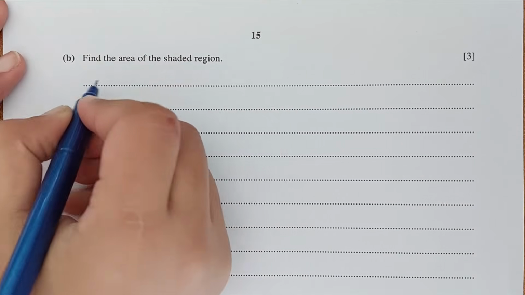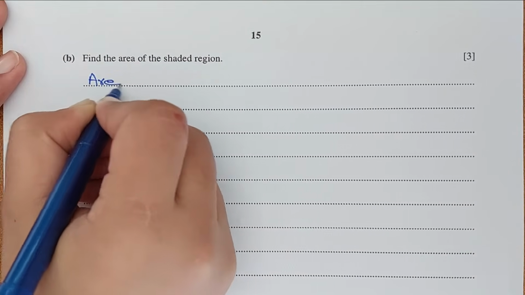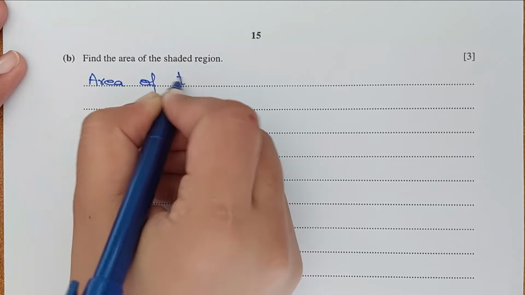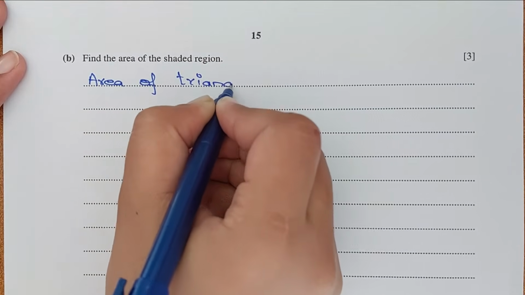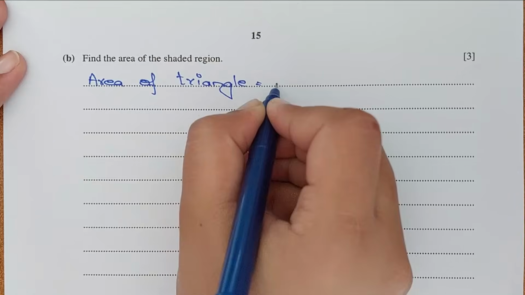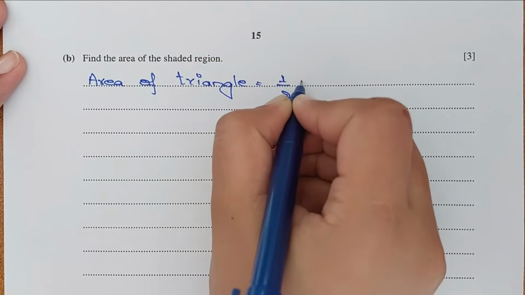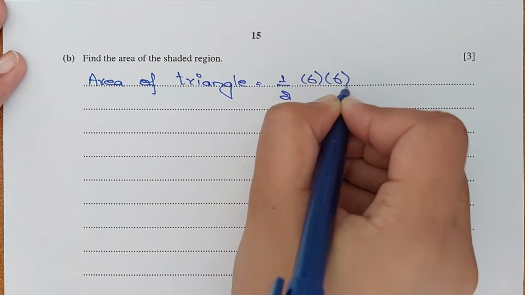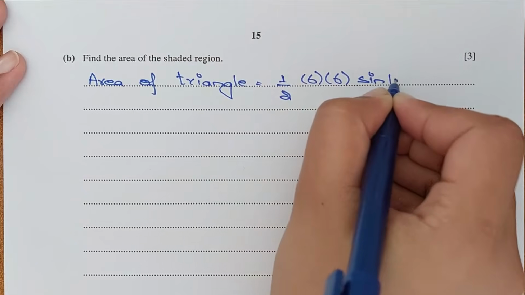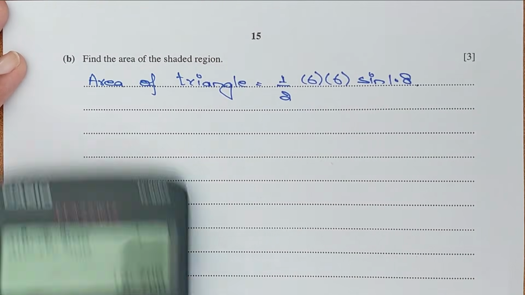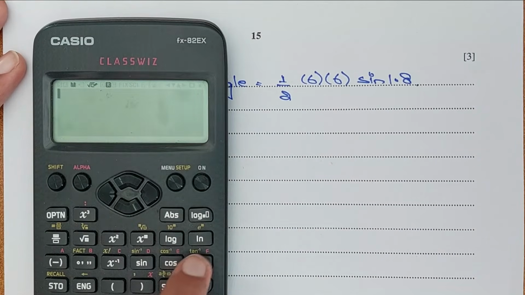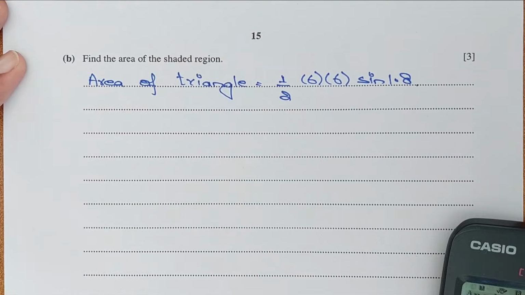So first we need to find the area of the triangle, because this is not shaded, which is half times the two sides, 6 into 6, and sine of the angle 1.8. Let me calculate this: sine 1.8 radians times 6 times 6 divided by 2 is 17.53.